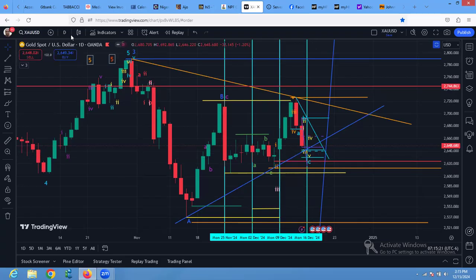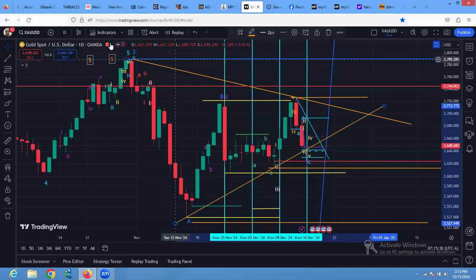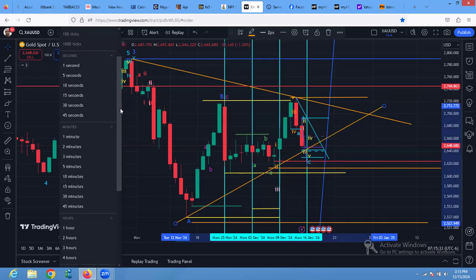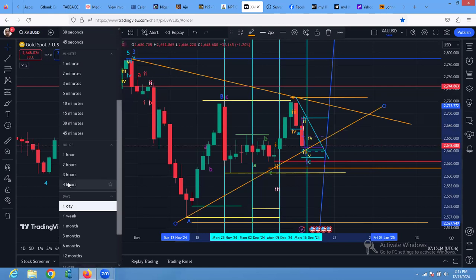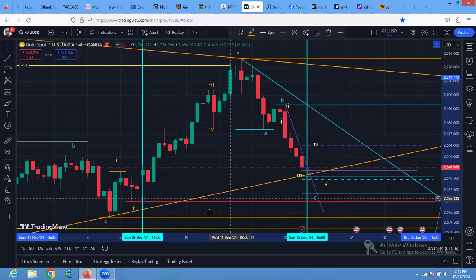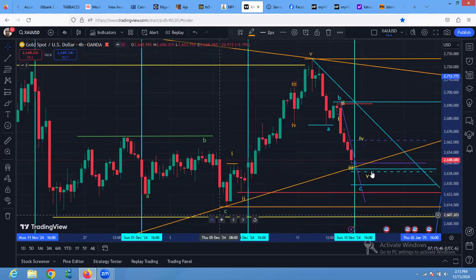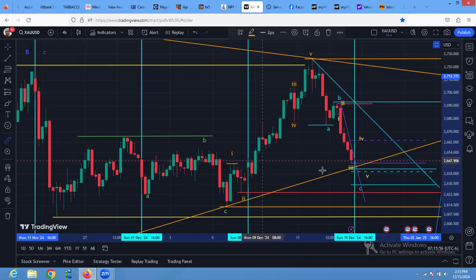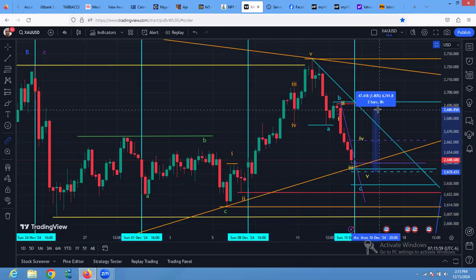So let's focus more on this area here. We may just see a breakout of this trend resistance, and we want to look for a short buy. That short buy might just give us something very close to about 500 pips or thereabouts.